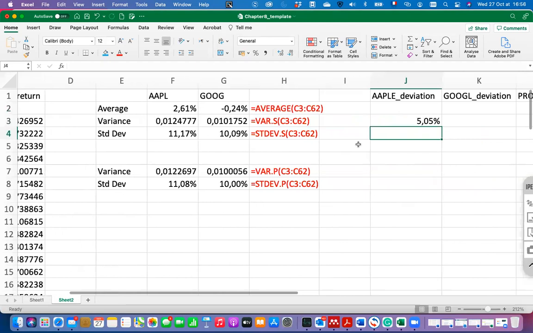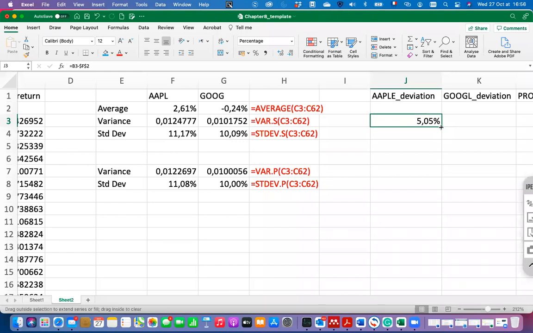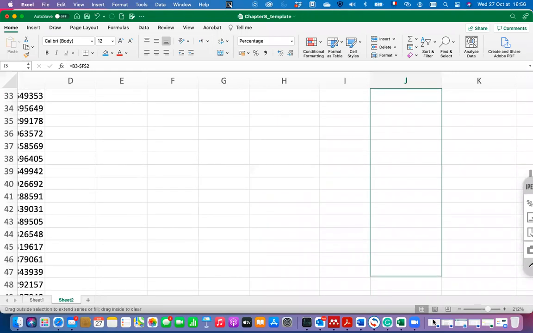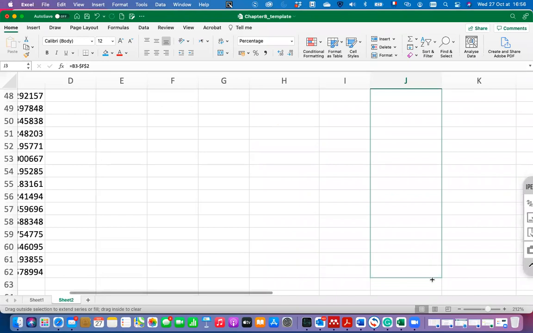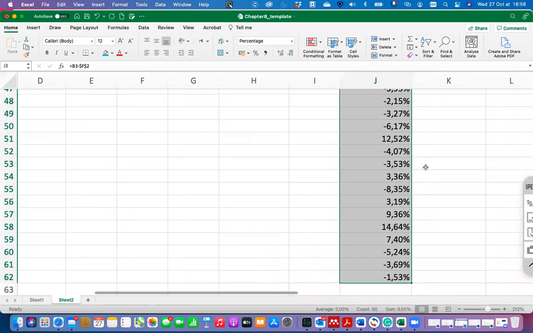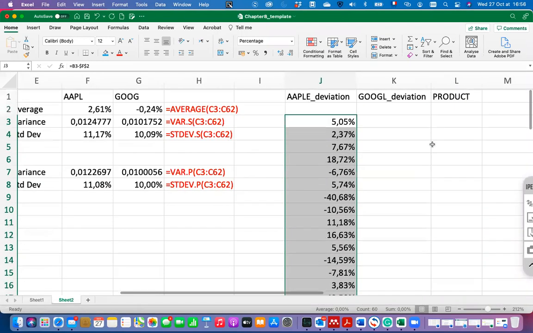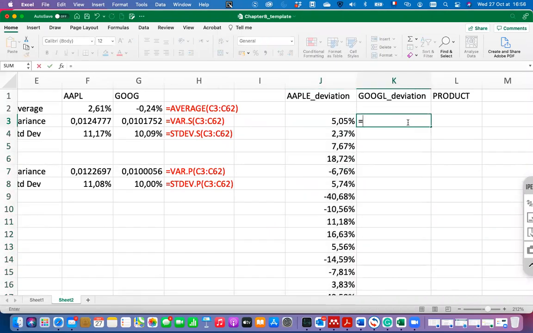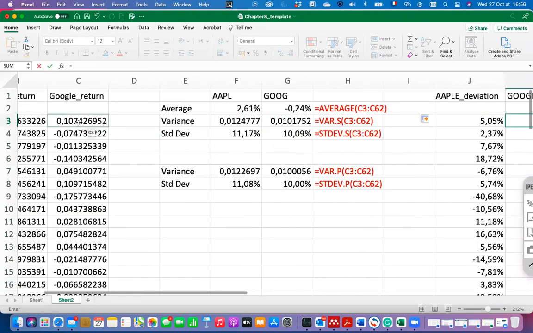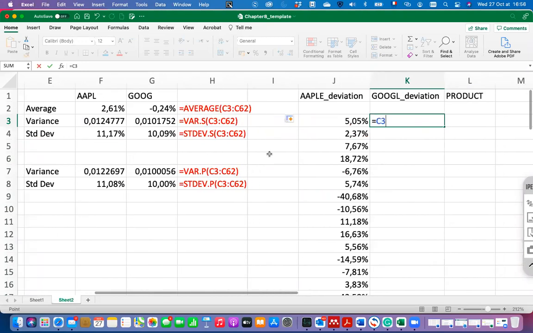And then I can scroll it down and repeat the same thing for Google. So equal to the Google return for the first month minus the Google average return, adding the dollar sign for this average return.